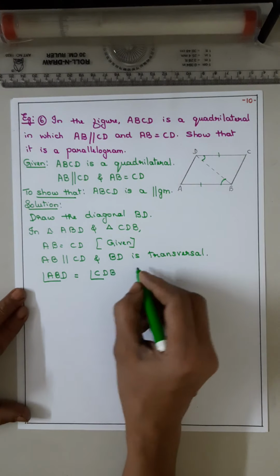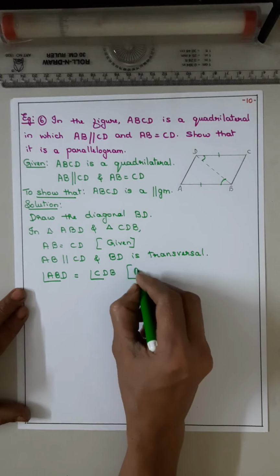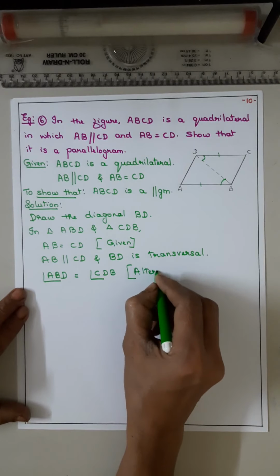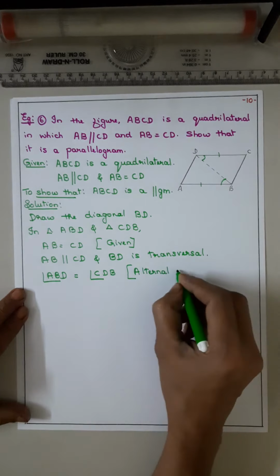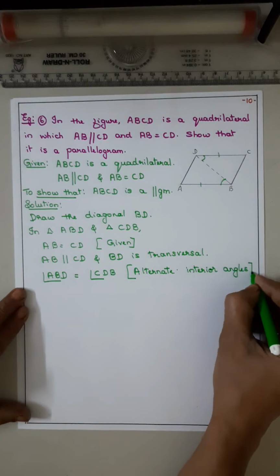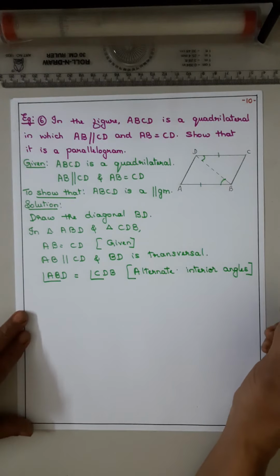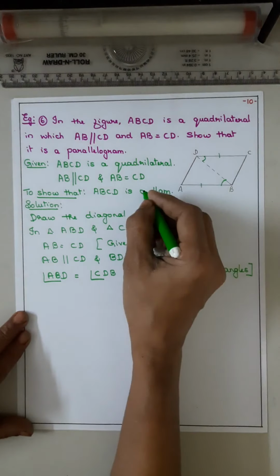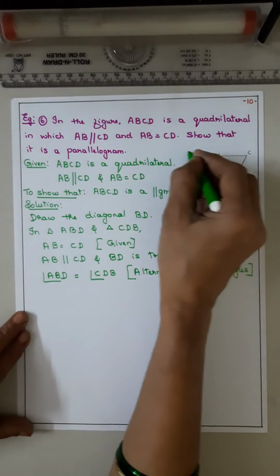Which type of angles? Alternate interior angles. You got Z, isn't it?